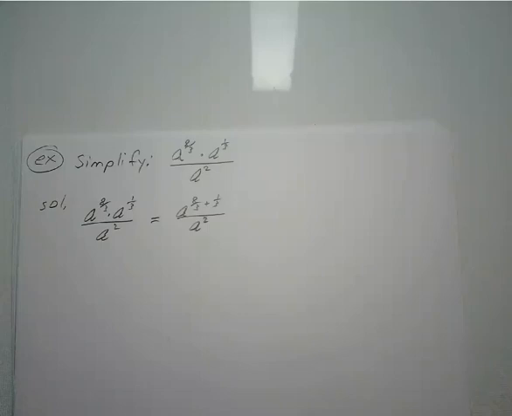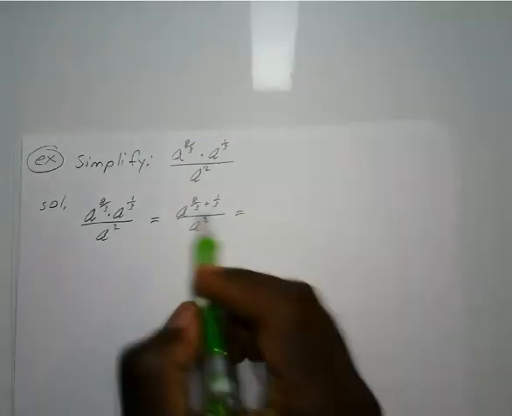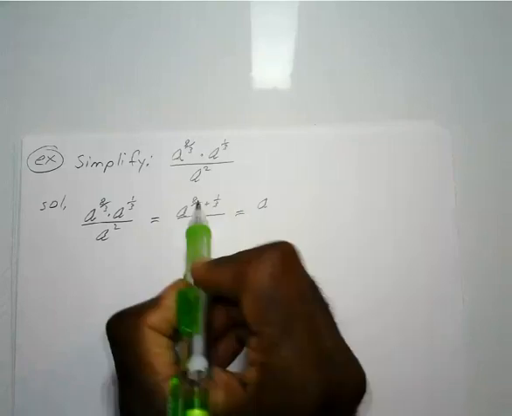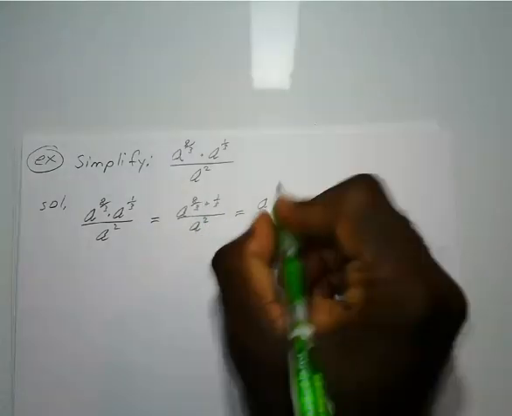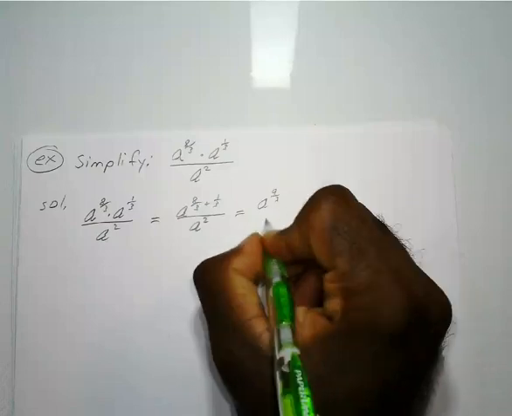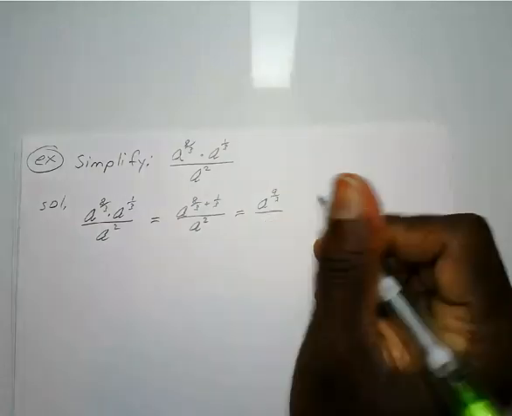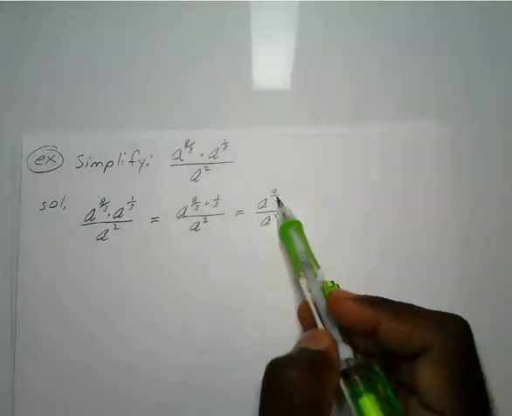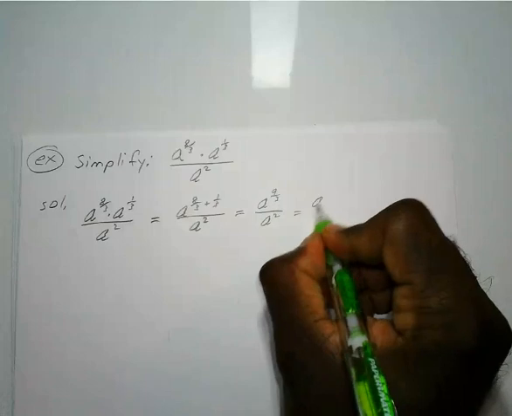So we go ahead and add our numerator here. That's a to the 8 plus 1 is 9, 9/3 power all over a squared. 9 divided by 3 is 3, so that gives us a to the 3rd power over a squared.